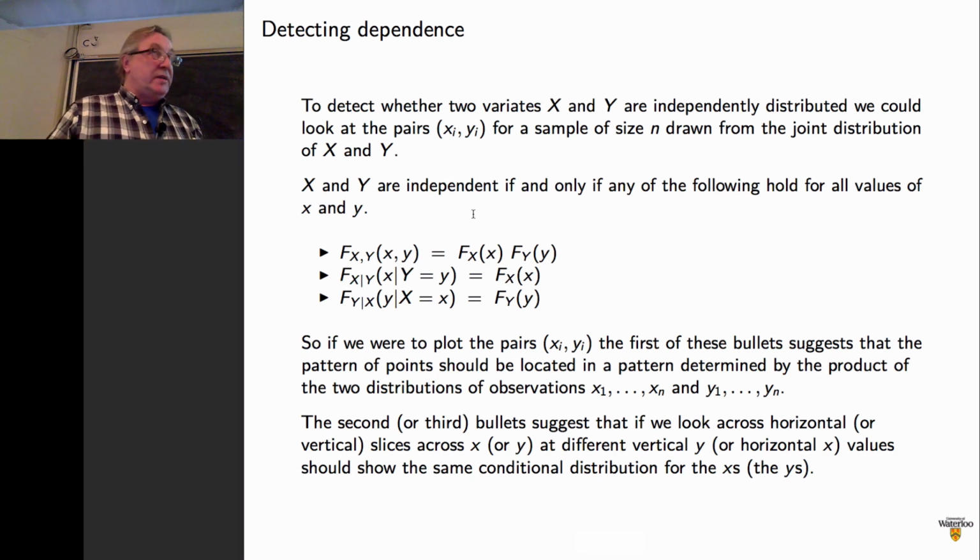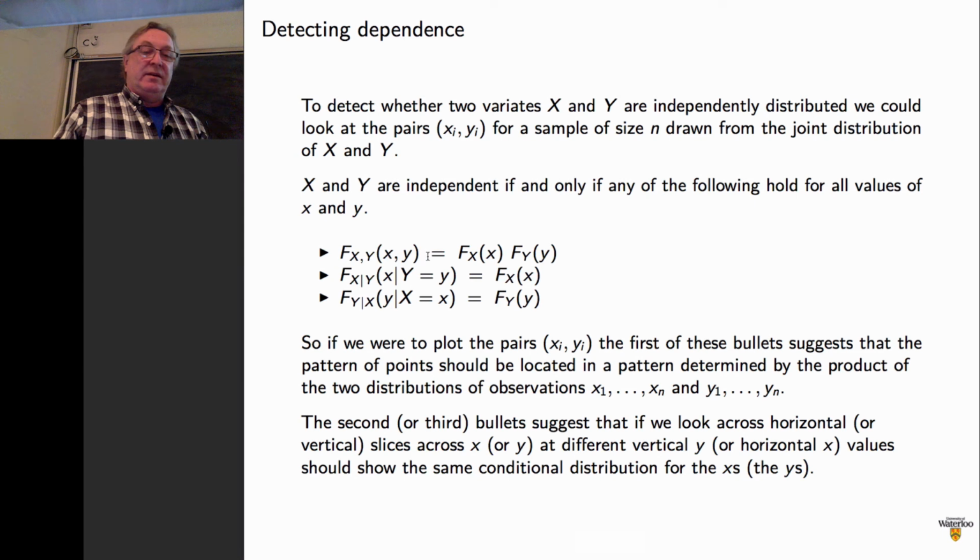We've got lots of ways of defining independence based on the cumulative distribution function, for example. You can do it with the densities as well. And you think about the CDF. So x and y as random variables are independent if their joint distribution is the product of their marginal distribution, right? Remember that?